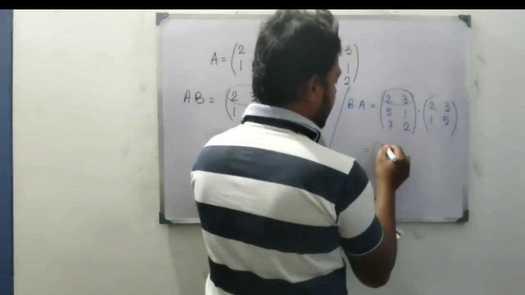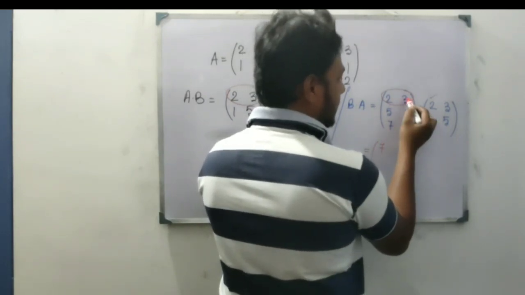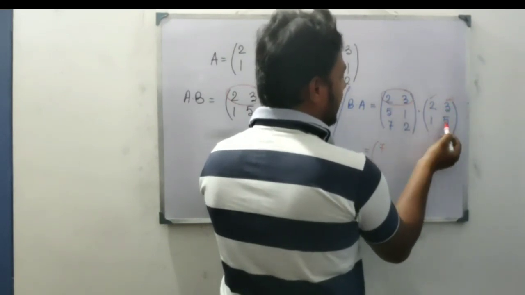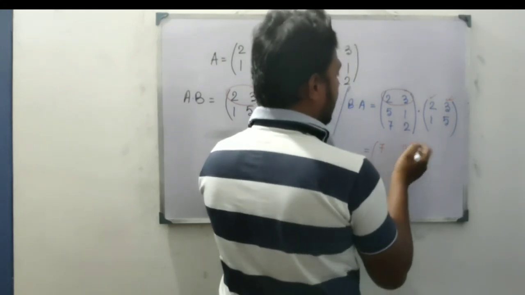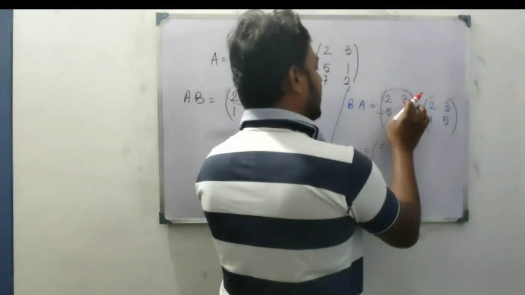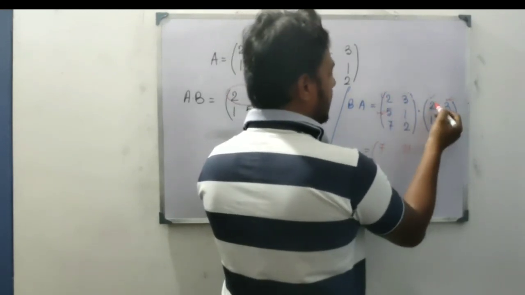So 4 plus 3, 7. I am solving directly. Okay, and this row is fixed. Now with the second column, 3 2s are 6 plus 3 5s are 15. 15 plus 6, 21. Next, the first row is done. Next do the same with the second row. Then the second row with the first column.